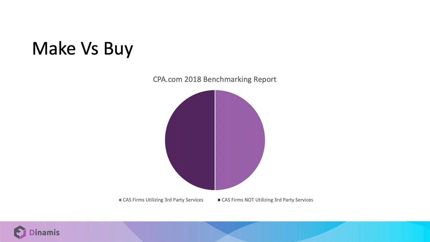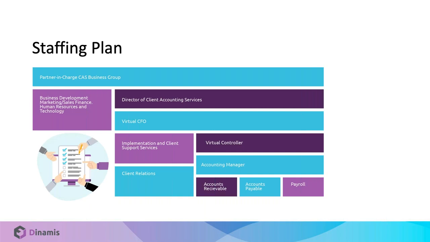This is where you can really find the savings, and this is one of those standard questions you get in Accounting 101: do you make or do you buy? In this particular model, you've got to decide how you want to staff your team. Are you doing that all with internal resources? Or do you want to look at farming out some of the less valuable, the less advisory work?